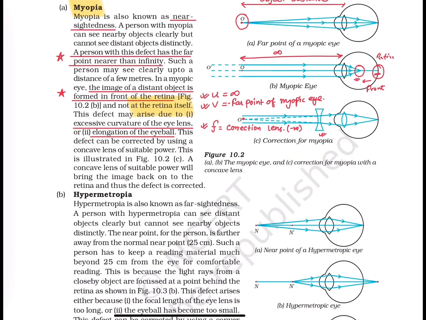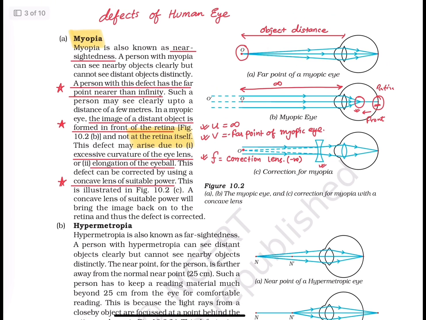So now when we have solved a numerical on defect of myopic vision, we can easily conclude that a concave lens of suitable power is required for the correction of myopic vision. So to take a recap of the topic that we have discussed right now, we can say that myopic vision is also called nearsightedness. So it is an important point.